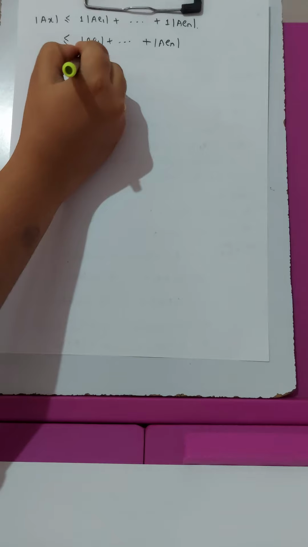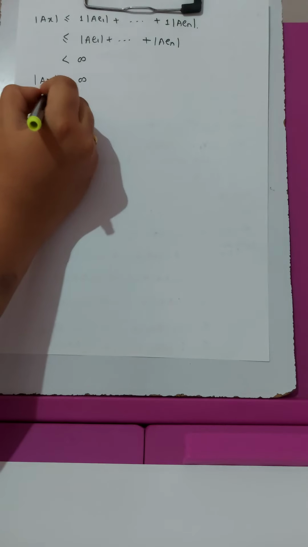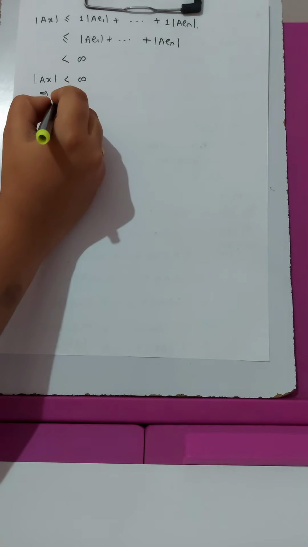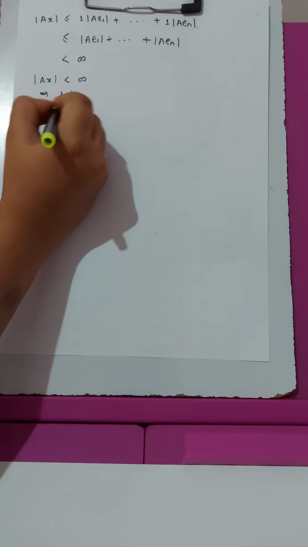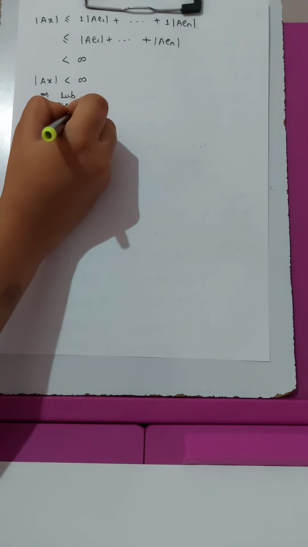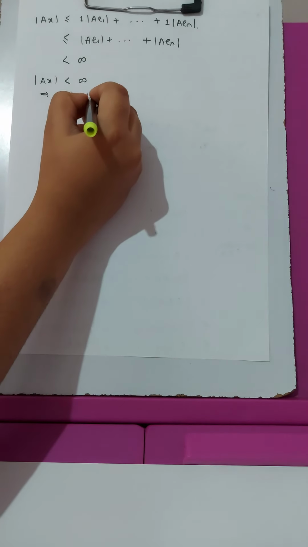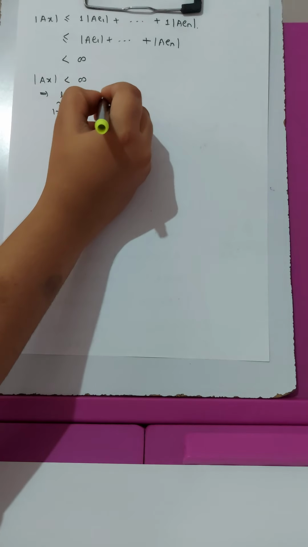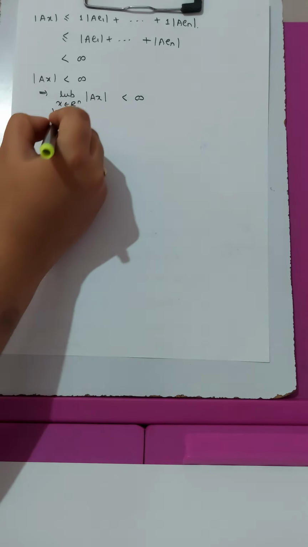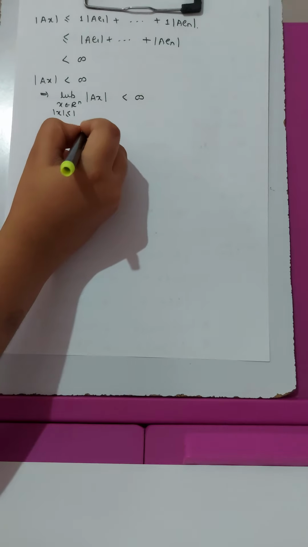So this whole expression is finite and hence less than infinity. Therefore, mod of Ax is less than infinity. So by definition, the least upper bound of mod of Ax over x belonging to Rn with mod x at most 1 is less than infinity, that is, norm of A is less than infinity. So here the first part is proved.